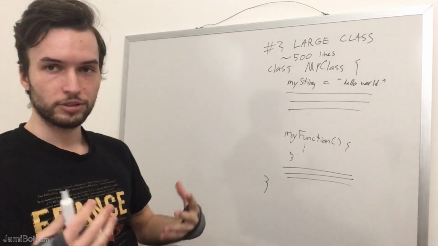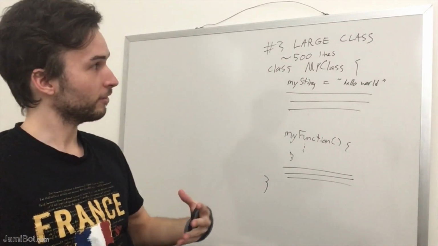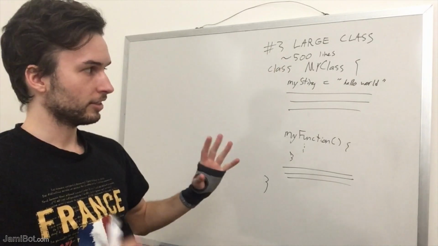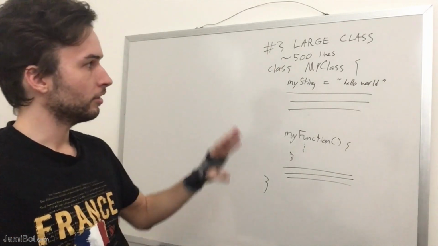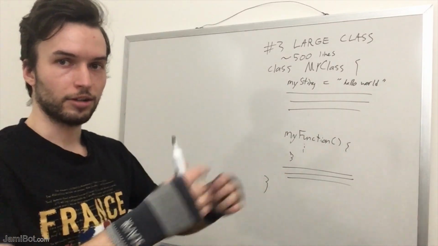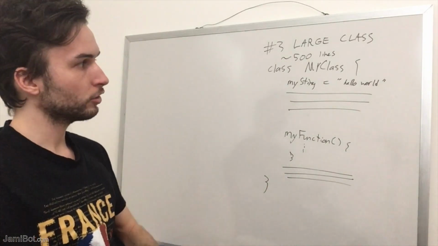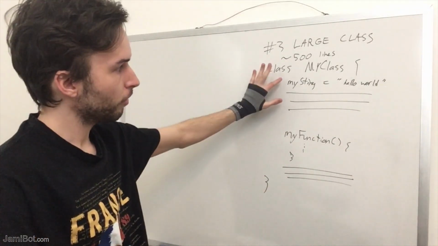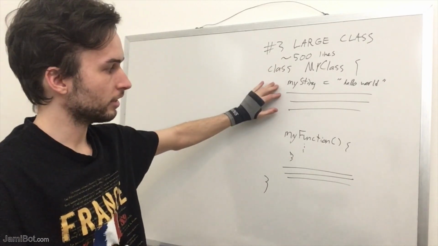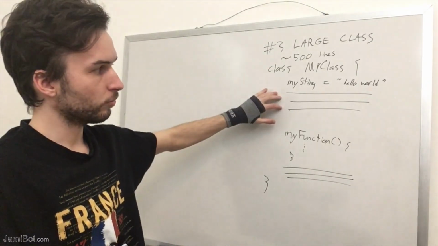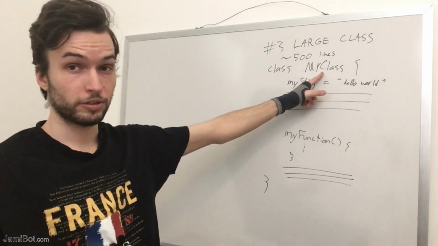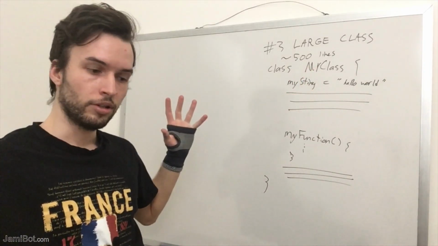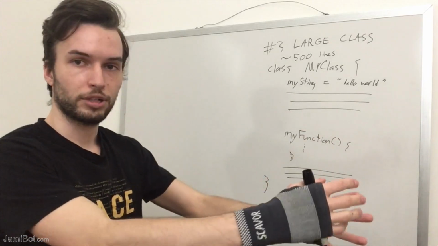If you find that you are smelling this design smell and it is above 500 lines, then what do you do? Well, you use the extract class action. By extract class, I mean you just mark up some of these variables in here. You identify certain ones which are not completely unified in the purpose of MyClass, and you extract them into a separate class.